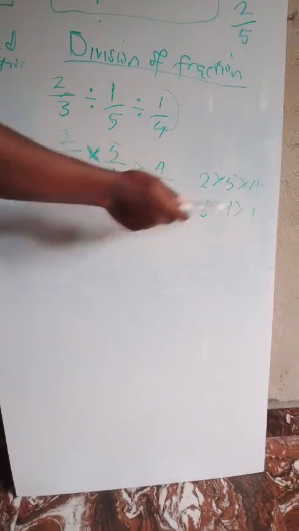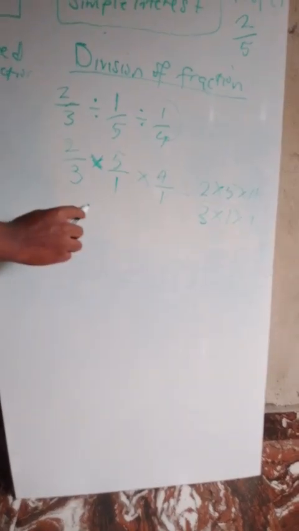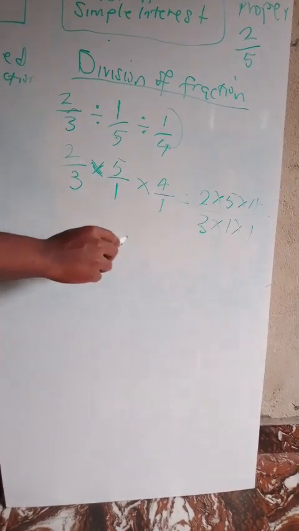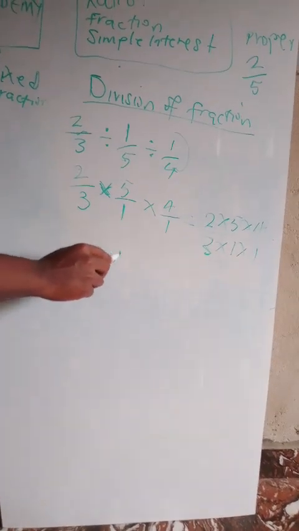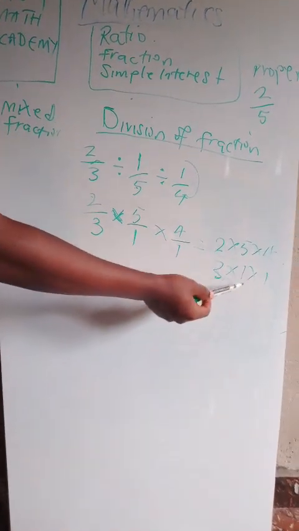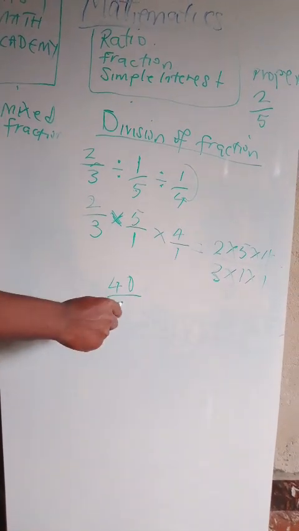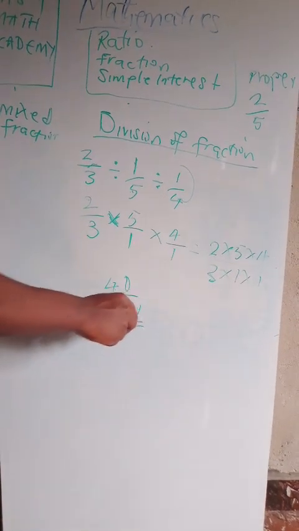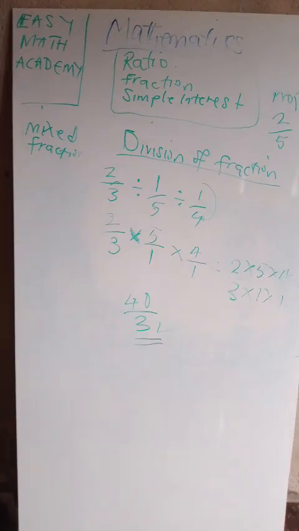Multiply the up one and we multiply the down one. 2 times 5 is 10. 10 times 4 is 40. You're supposed to write it here, but there's no space, so let's bring it down here. 40 over 3 times 1 is 3. 3 times 1 again is 3. 40 over 3. And this is the answer.